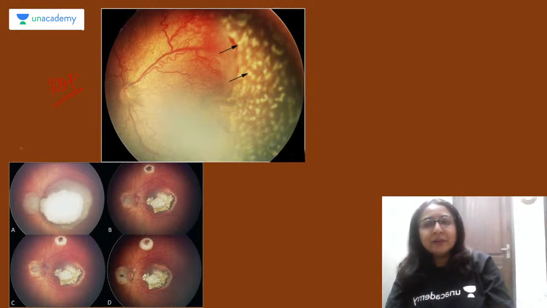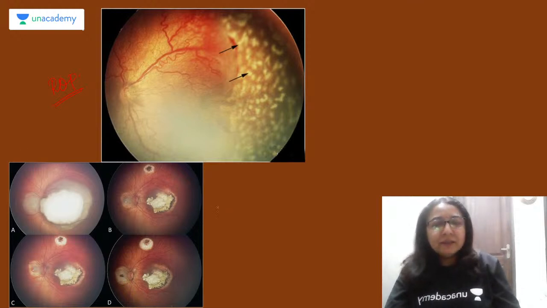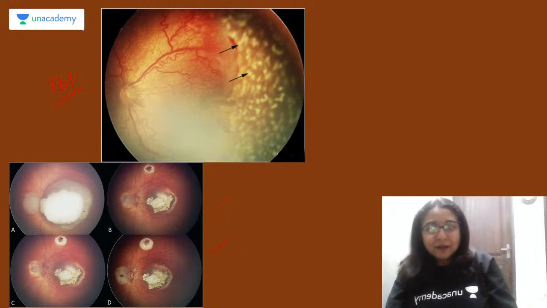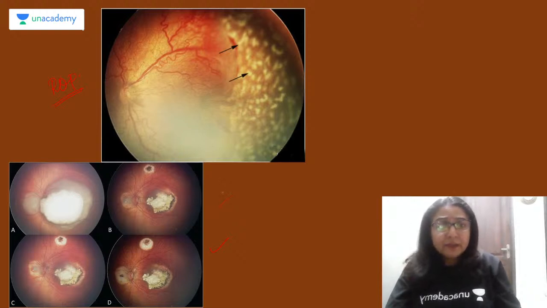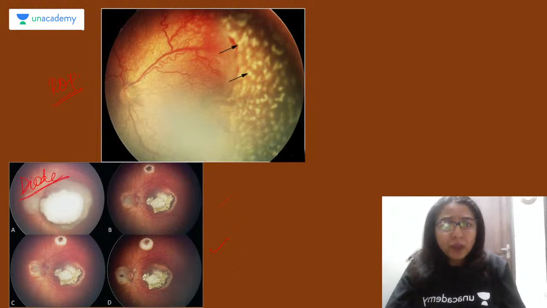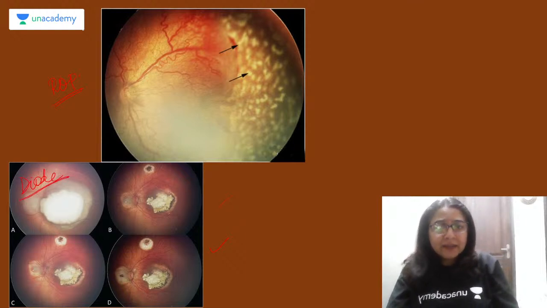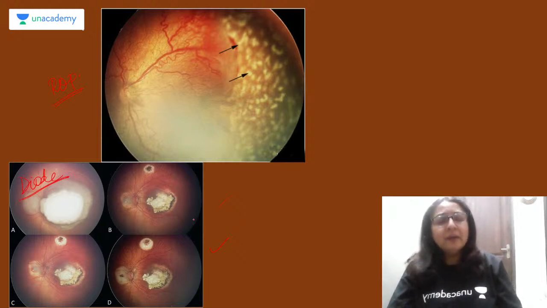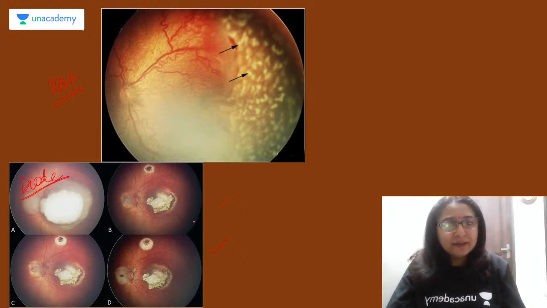And another important indication, as I told you, is the focal treatment of intraocular tumors. Retinoblastoma, this is showing you the focal treatment with the help of diode laser. It causes thermotherapy and a photocoagulative effect and leads to the shrinking of the tumor. Okay, similarly, even for small choroidal hemangiomas, again thermotherapy with the diode laser can be done.